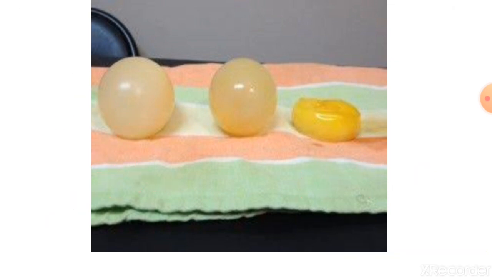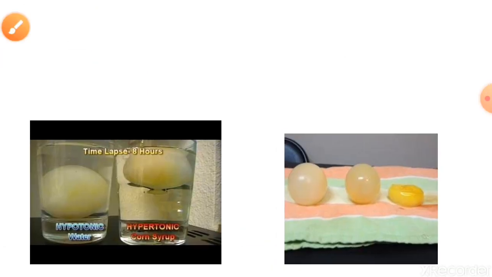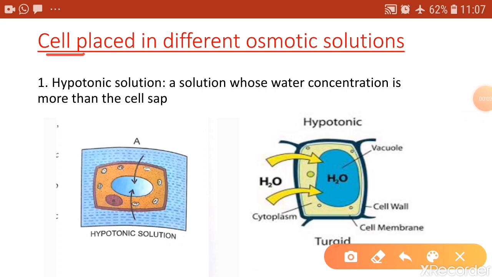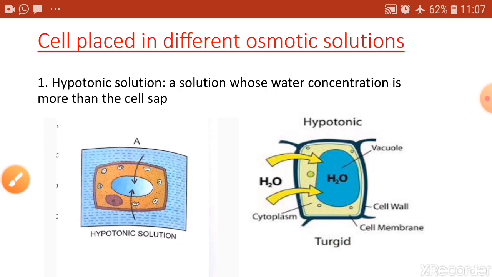So this activity clearly demonstrates endosmosis, that is entry of water, and exosmosis, that is loss or withdrawal of water. Now let's study the behavior of cells when they are placed in different kinds of osmotic solution. There are three types of osmotic solution: hypotonic solution, hypertonic solution, and isotonic solution.